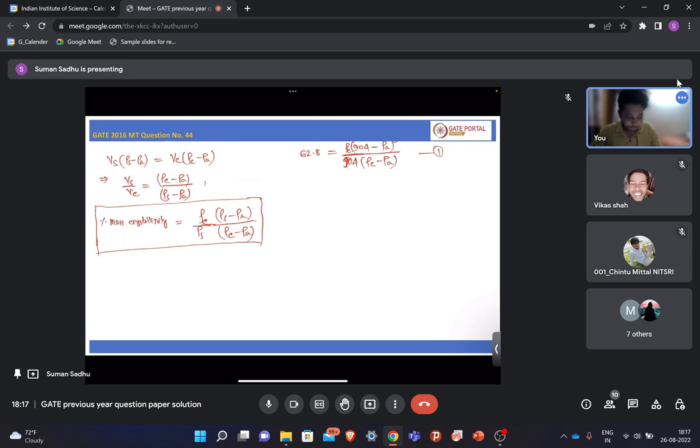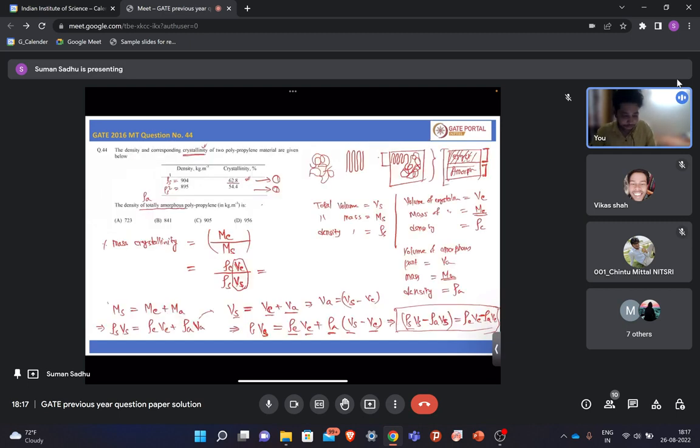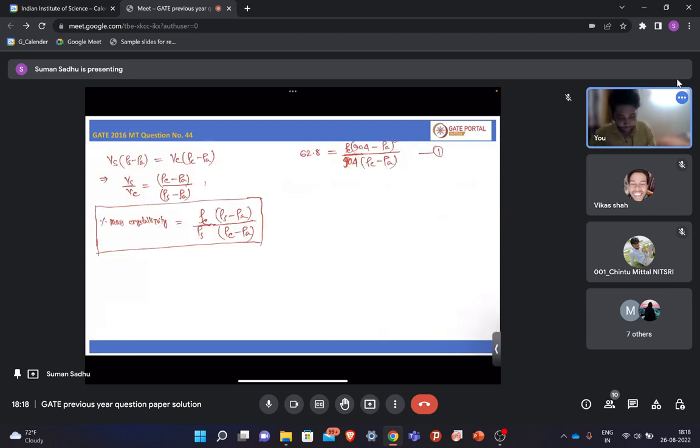Equation 2 will be 54.4% crystallinity, and the density is 895. Okay, sorry, there is a mistake. If I write in terms of percentage, then you have to multiply by 100, or if you are writing in terms of fraction, then it will be like this ratio only. So it will be a fraction.